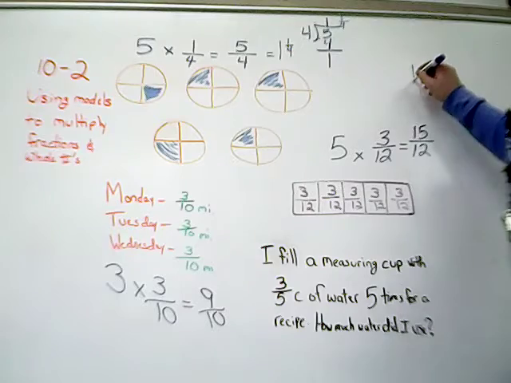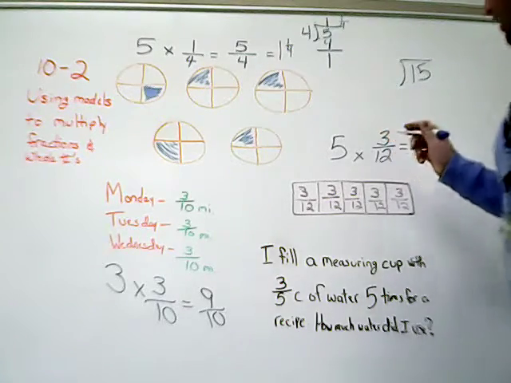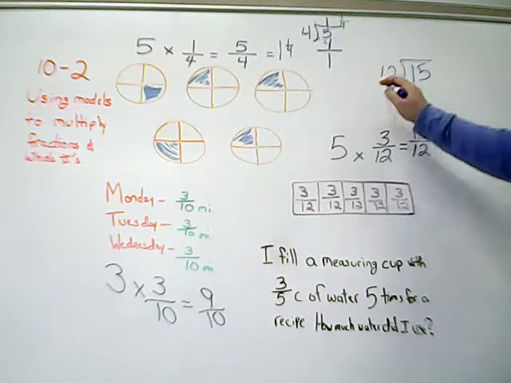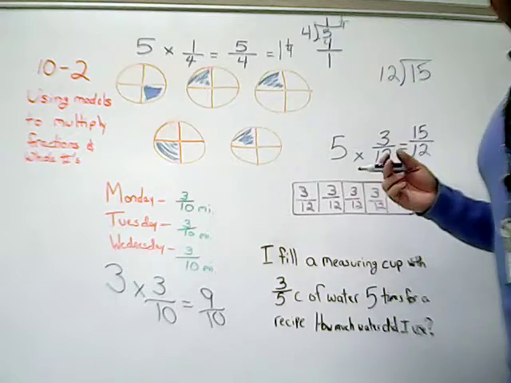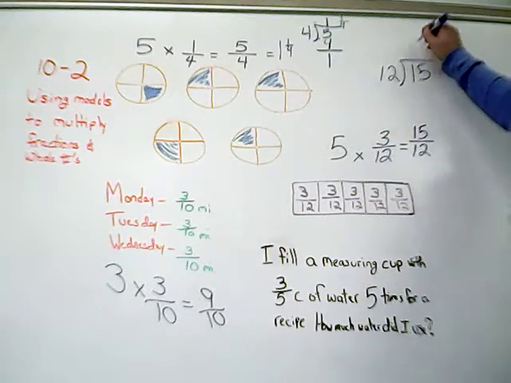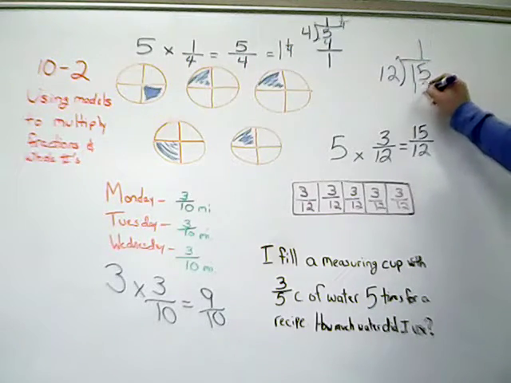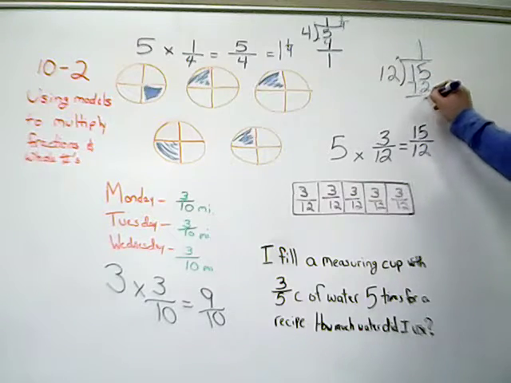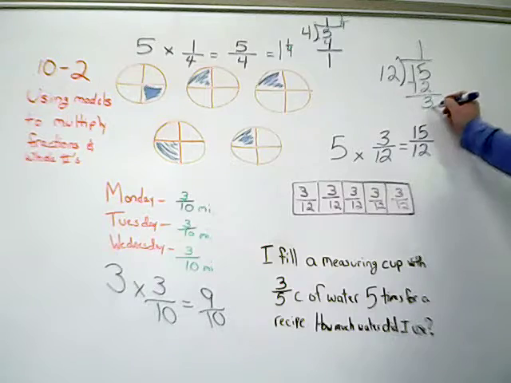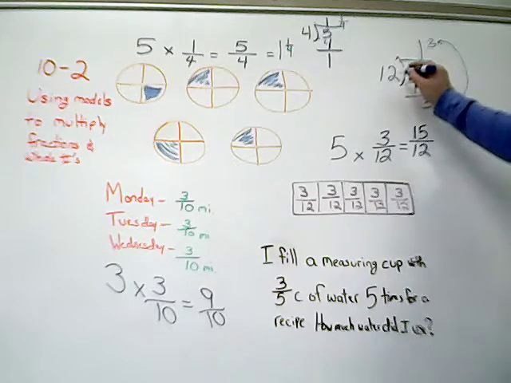So I put my 15 as my dividend, my 12 as my divisor outside, and then I go through my regular division process. 12 goes into 15 one time. 1 times 12 is 12. Do my subtraction. I'm left with 3. 3 is my remainder, so I'm going to bring it up and put it up top.